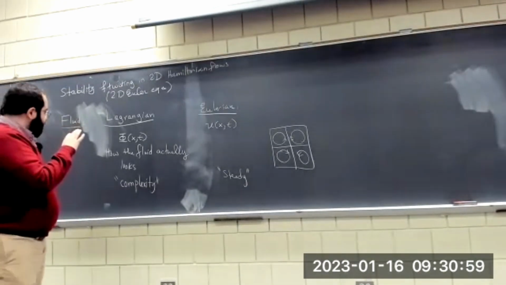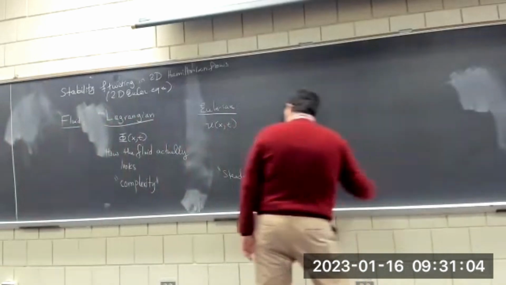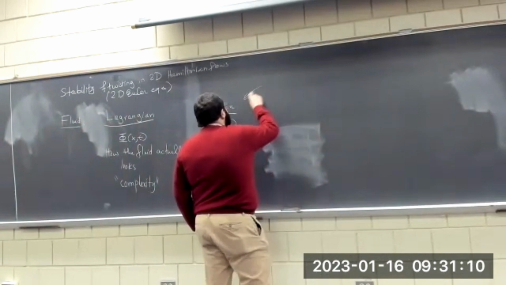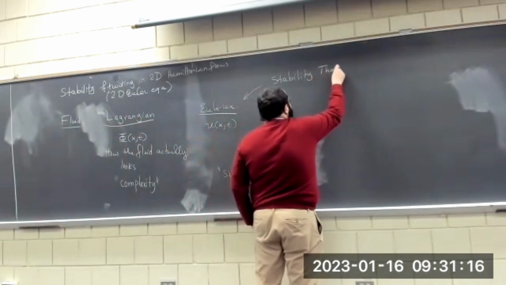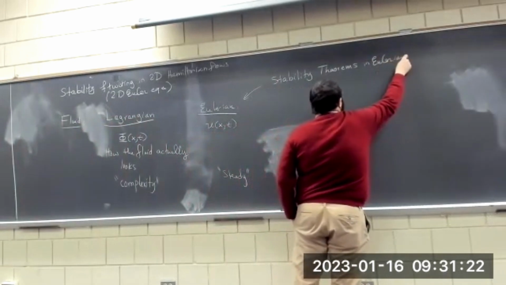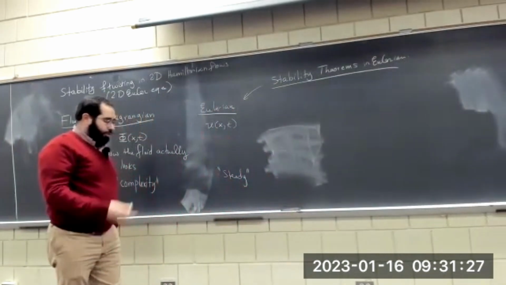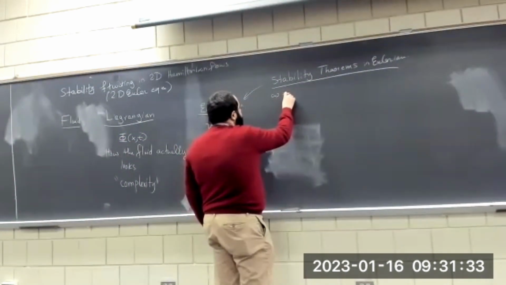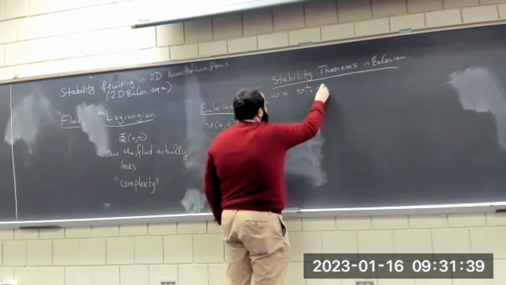In the Eulerian point of view, we even have stability theorems. For example, you can have stability in vorticity. Vorticity is like the curl of the velocity in 2D.